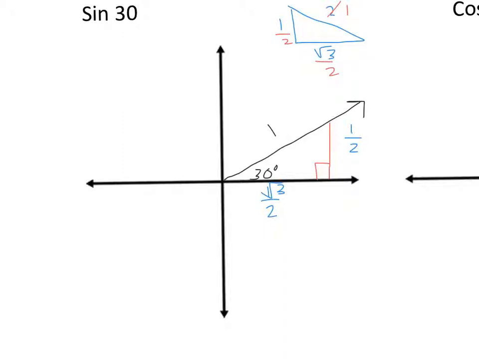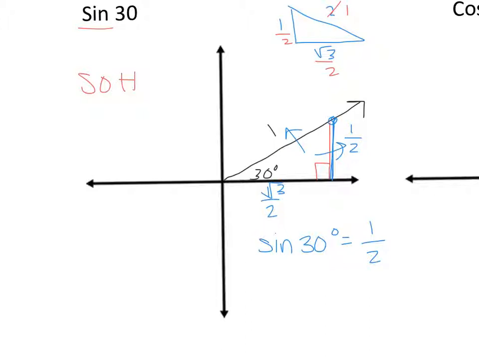If I'm finding the sine, remember it's SOHCAHTOA, so the sine of this angle is opposite over hypotenuse. So the sine of 30 degrees is 1/2, because 1/2 divided by 1, and the 1/2 is the y value. This distance right here is 1/2.